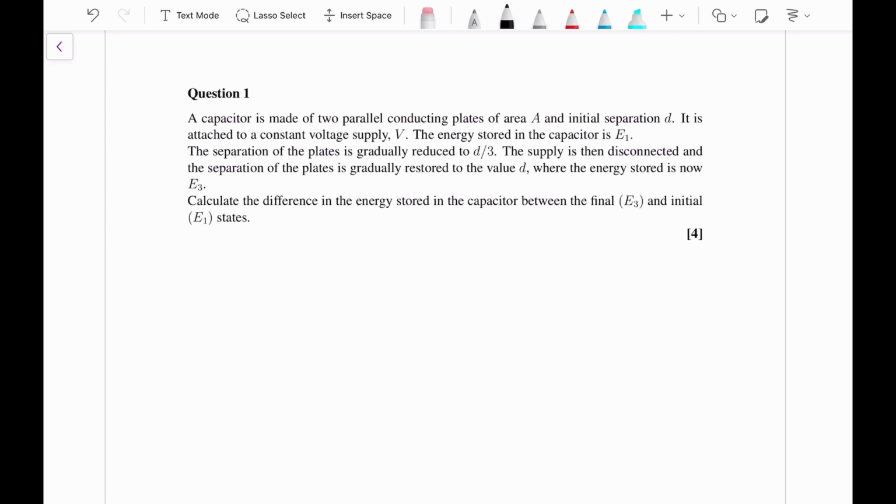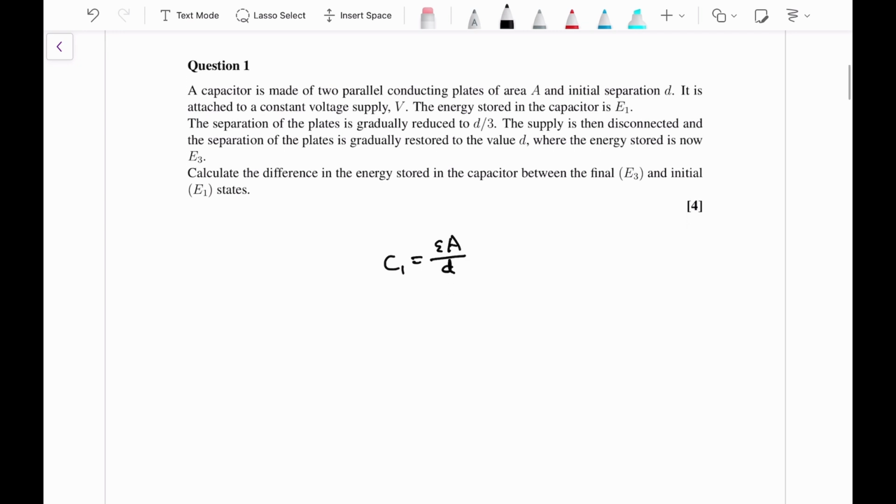Okay, so let's start with capacitance. In this case, let's say C1, because the capacitance would change throughout the question. C1 at the first state is equal to epsilon A over D. And then let's express E1.